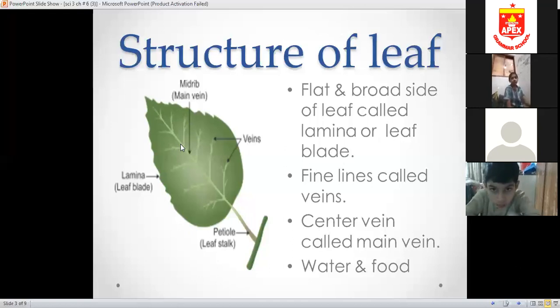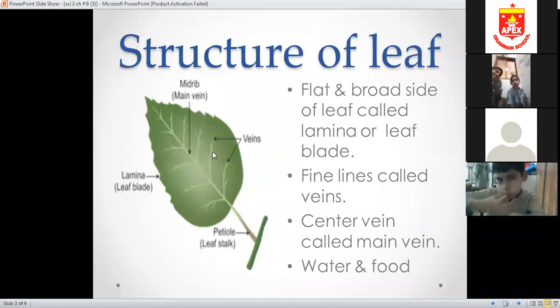This main vein is also known as the midrib. These veins have very fine lines, and they supply water and food to the leaf. The function of these veins is to supply water and food.